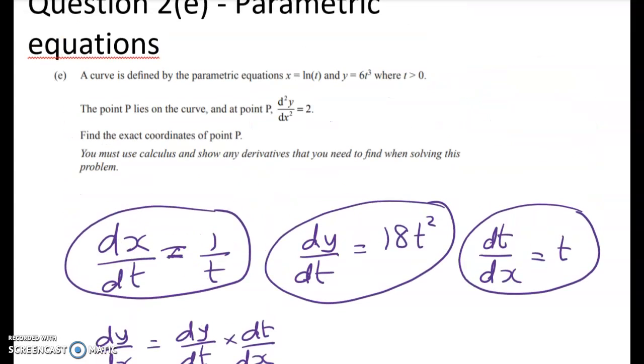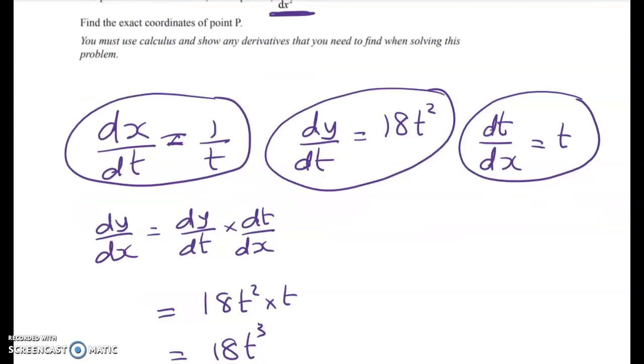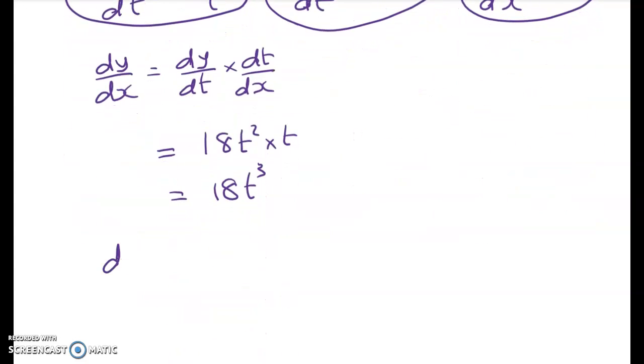What we're trying to do here is to find the point where the second derivative is equal to 2. So to find a second derivative, we're taking our first derivative and differentiating it again with respect to x. Most of you watching this have probably done quite a few examples of second derivatives of parametric, so I'm going to go reasonably quickly here.